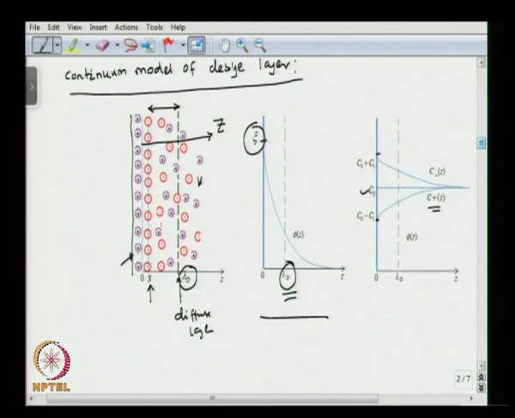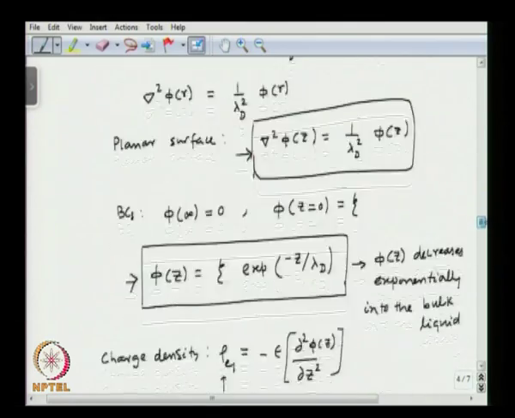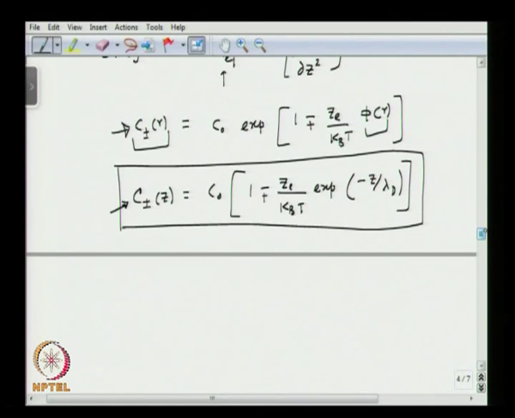So the co-ions are suppressed near the wall and the counter ions are more near the wall. The co-ions increase into the bulk, and the counter ions are maximum at the wall and decrease into the bulk, and they reach the value when the potential is 0, which is in the bulk of the liquid. Okay. So this is what we observe from this equation.